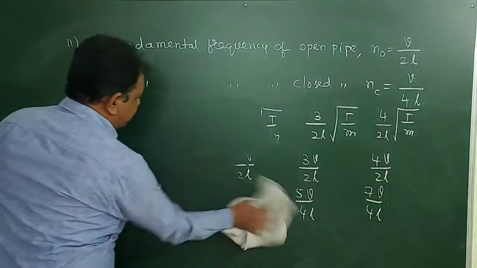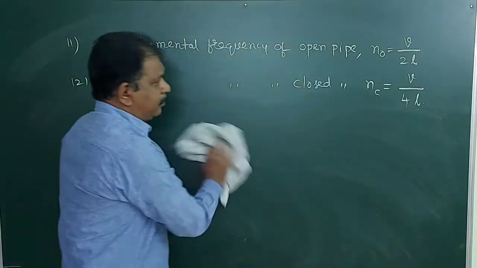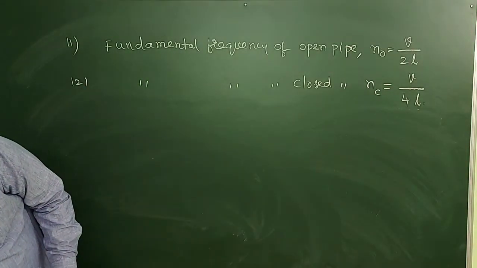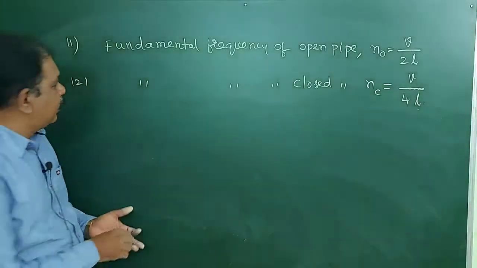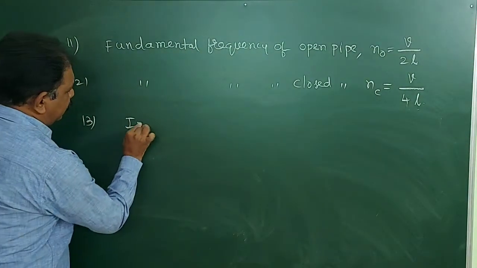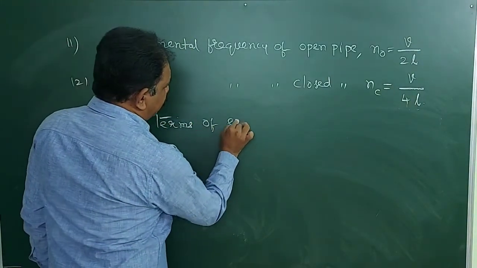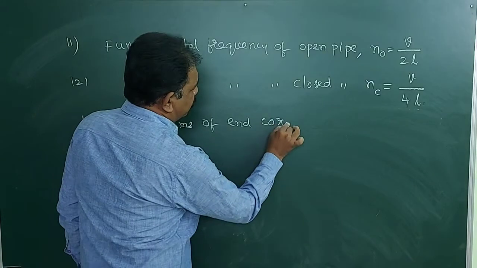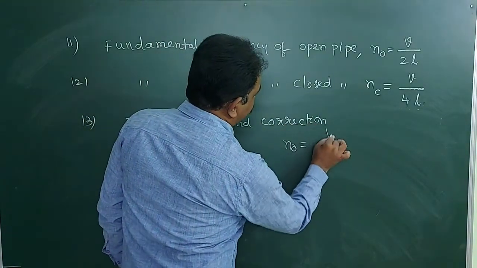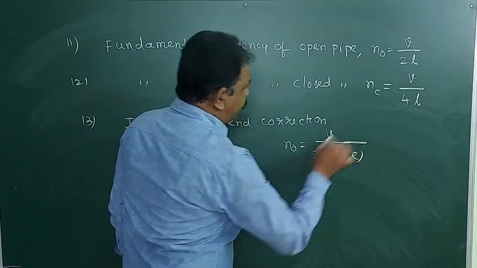Next, sometimes that closed pipe or open pipe is having end correction. At that time, what formulas they will ask, you have to use like that. So, in terms of end correction, NO is equal to V by 2 into L plus 2E.